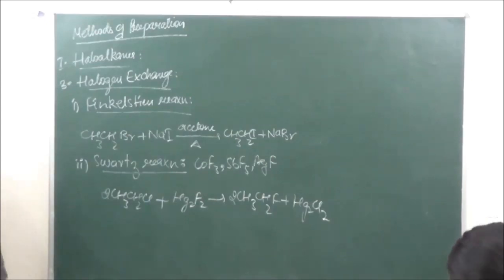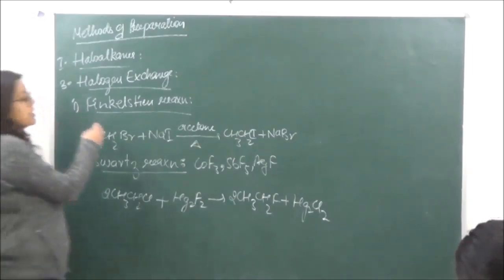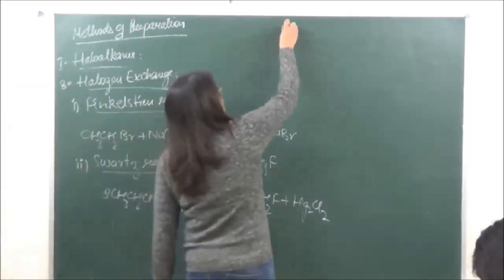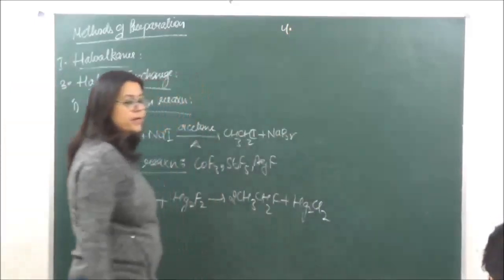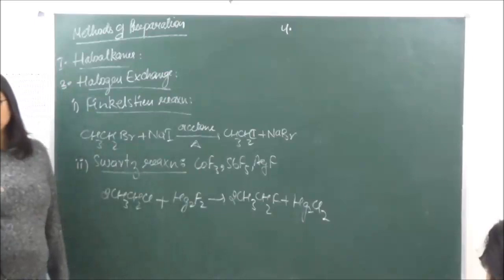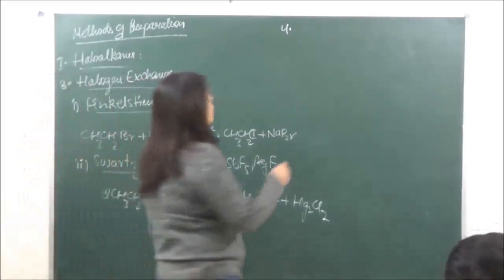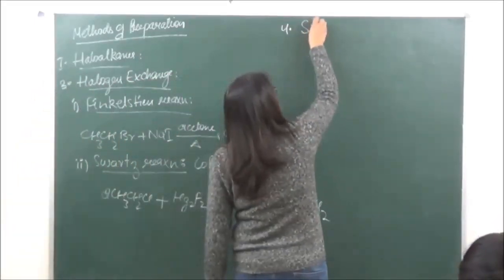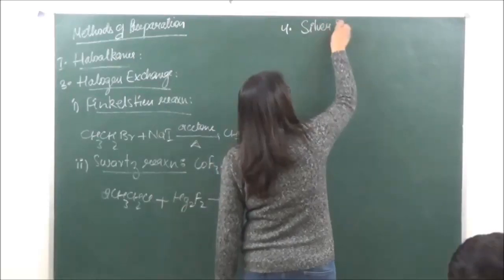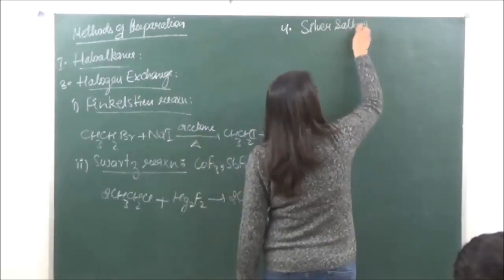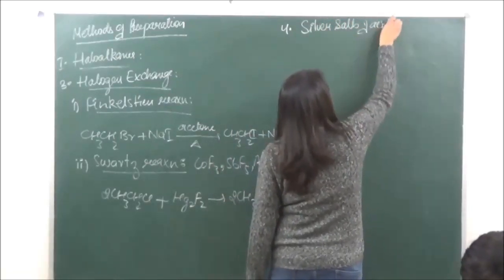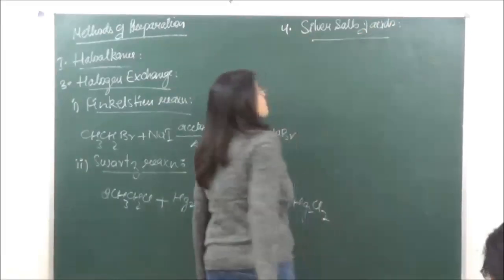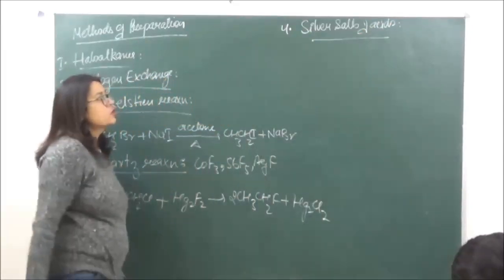The third reaction which we have, ये halogen exchange हमारा हो गया. The fourth reaction which we are going to do over here is preparation from silver salts of acids.